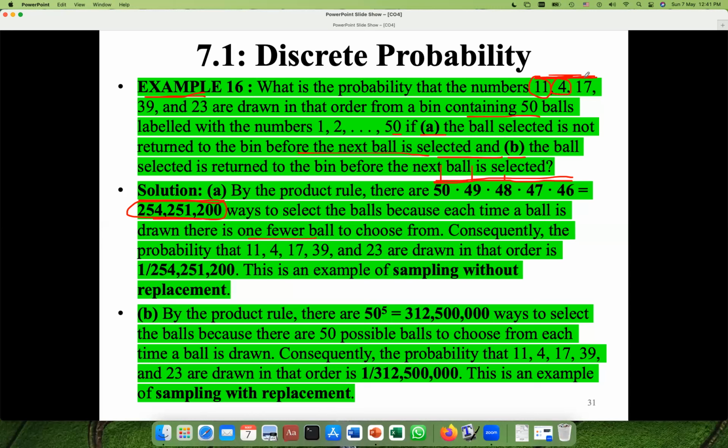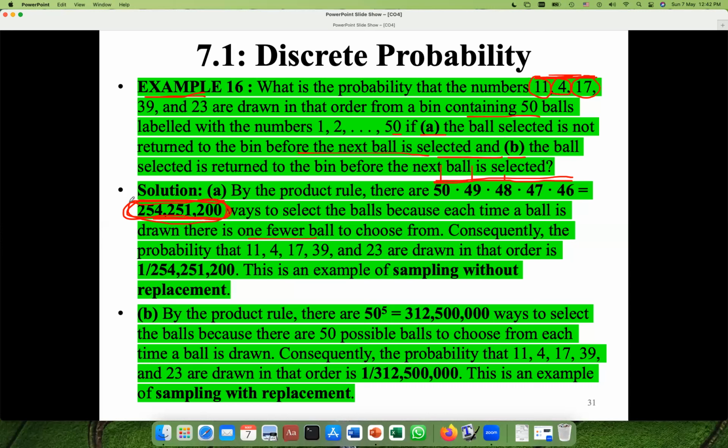But we have to keep the order, so we applied the product rule and calculated the number of options. Like with dice: 6 options on one die, 6 on the other, you multiply them and have 36 total options. Similarly, you multiplied and got this total number of options available for selecting the balls.